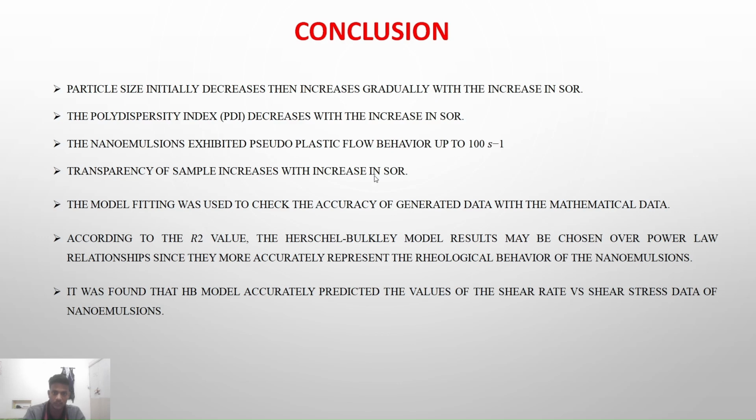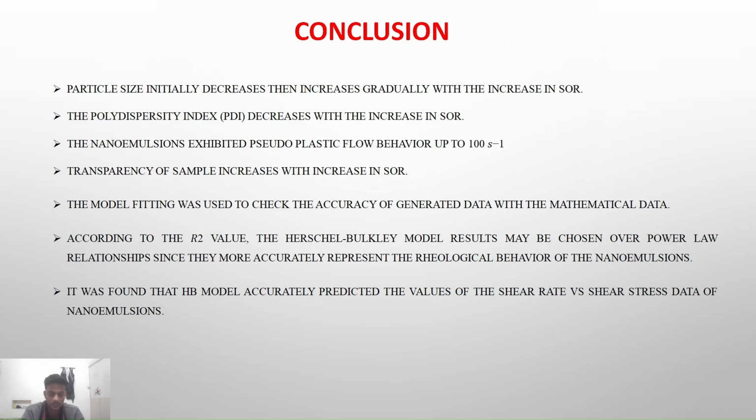This was just a small experiment to characterize a nanoemulsion, because the characterization of a nanoemulsion is the first step before proceeding to any further step, because a nanoemulsion has a very narrow range of particle size, and it should be stable.